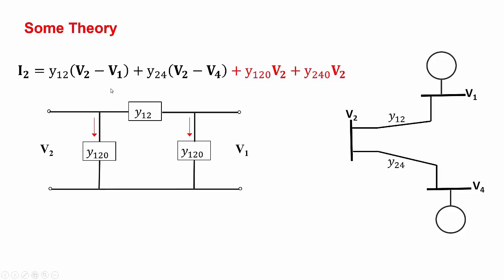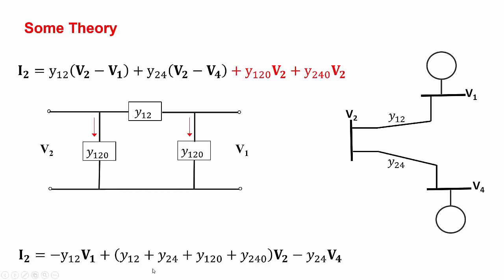I will rearrange it, I collect terms, and I will end up with minus Y12 V1, it comes from this element, and so on. You can check it. The main thing here, you look at the element multiplied by V2 is Y12 plus Y24, that's the admittance of this link, admittance of that link, plus Y120, Y240, the pi connection, the B of the network at both ends.